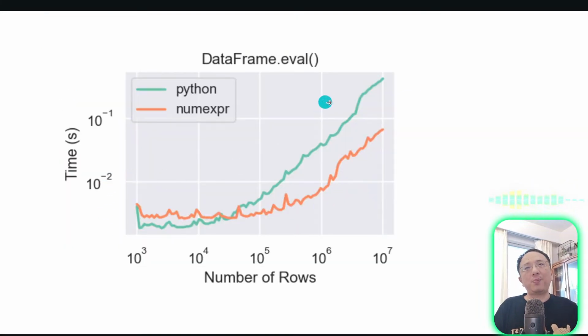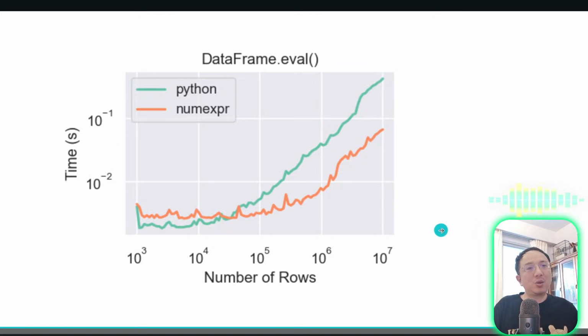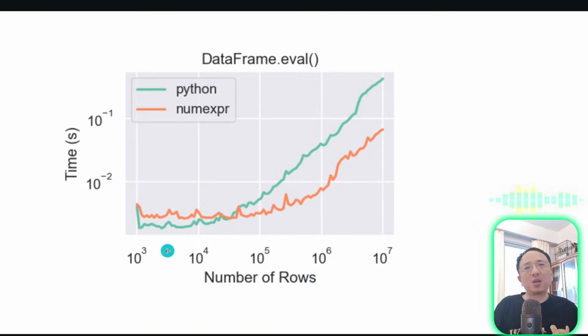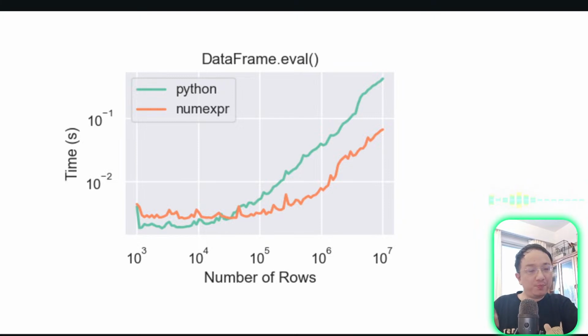So here is a comparison of the DataFrame evaluation. It usually works better when the Series is longer, which means it has more rows. If you are working with only 1,000, 10,000 or maybe even 100,000 rows, you probably don't need eval, except if you think eval is more readable, then go for it.